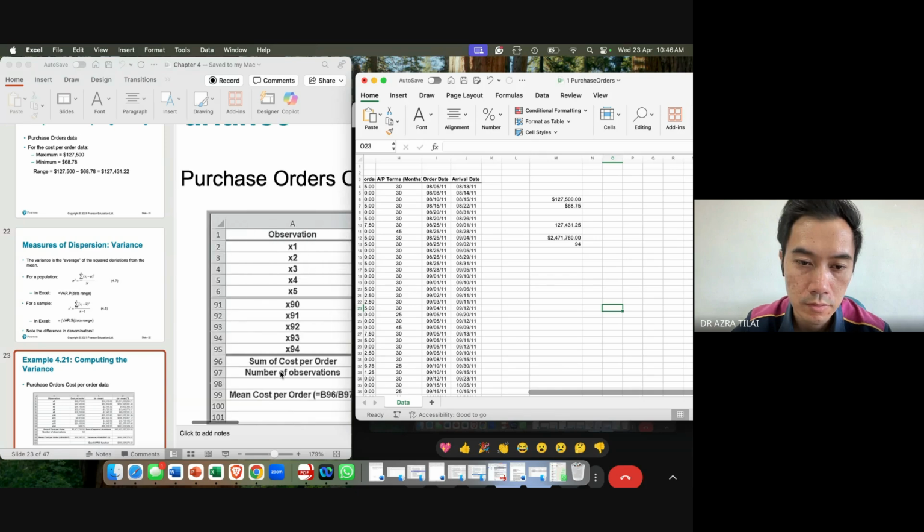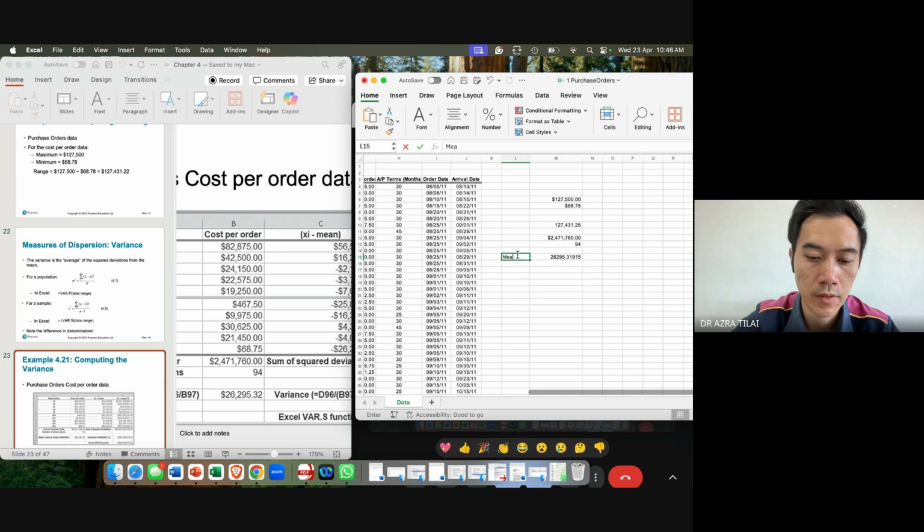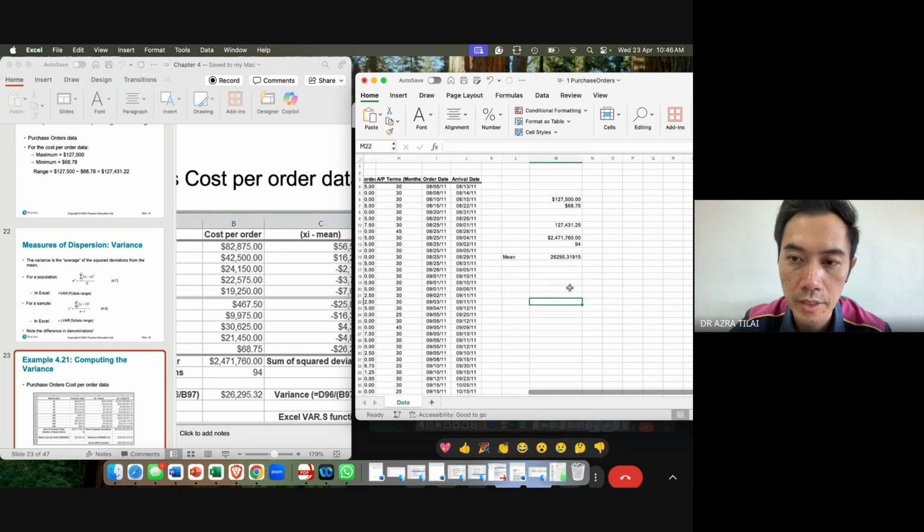So what we do is equal sign, this sum divided by the total number of observations, and we will get the mean. So that is the mean. This is n, the number of observations, and this is the sum.